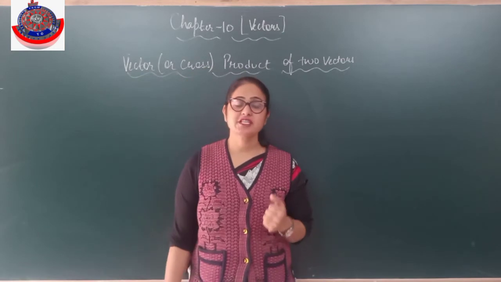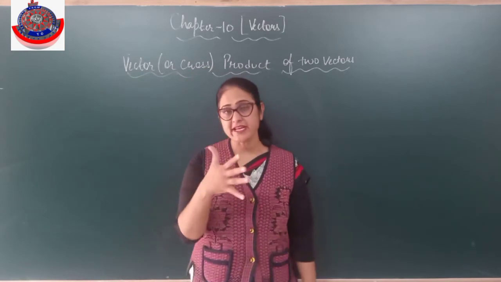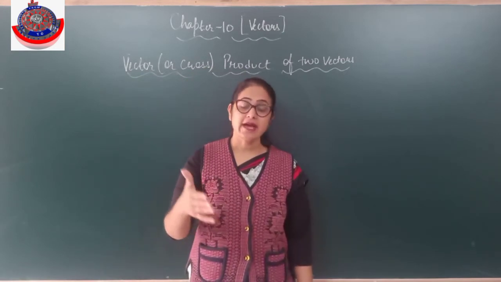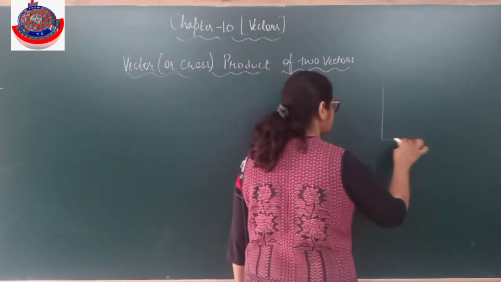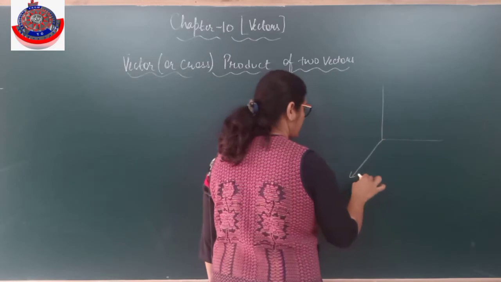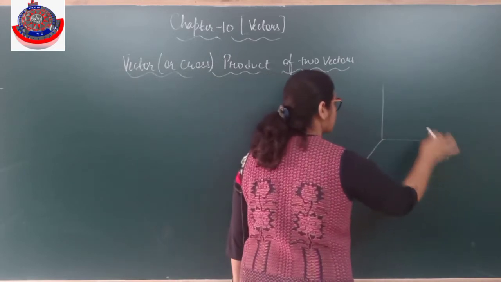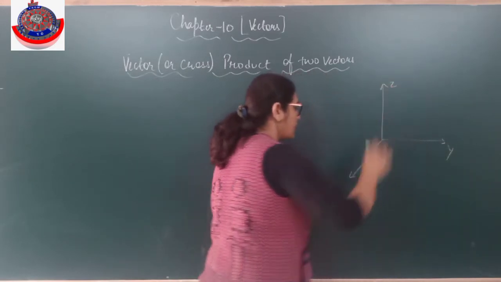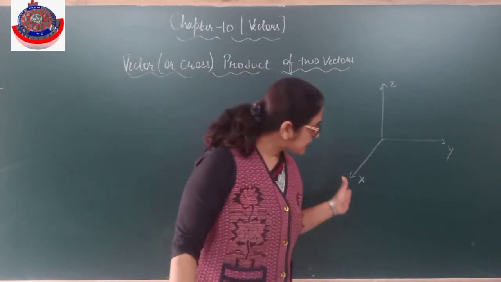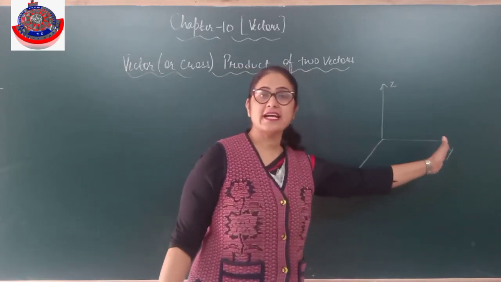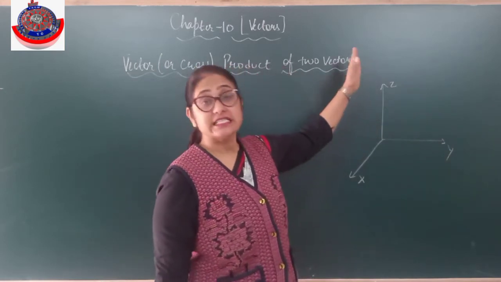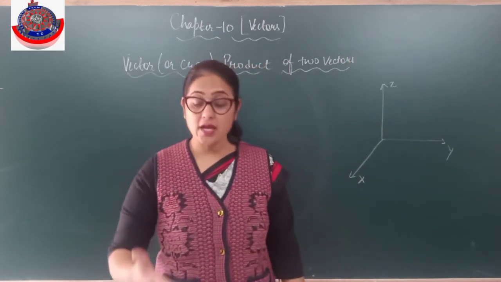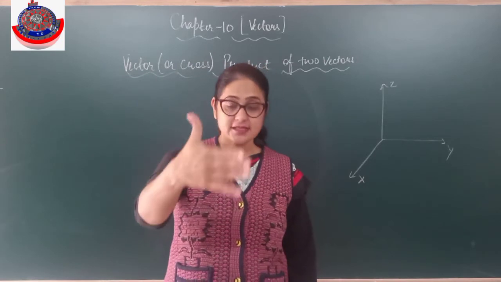Now if you remember, we did the coordinate system. Suppose we have the x-axis, y-axis and z-axis. If I rotate the x-axis in anti-clockwise direction towards the y-axis, and the y-axis goes towards the z-axis, it works on our right hand system.